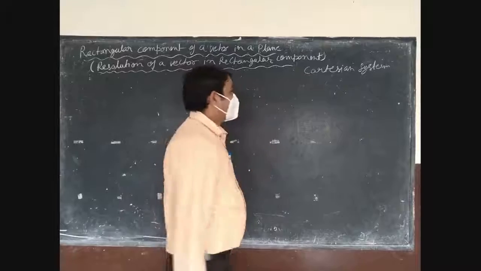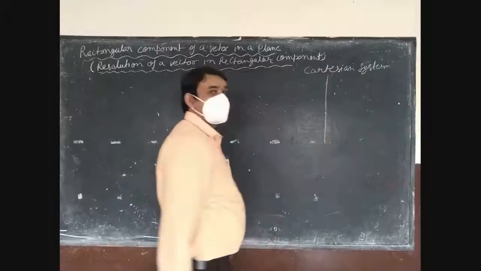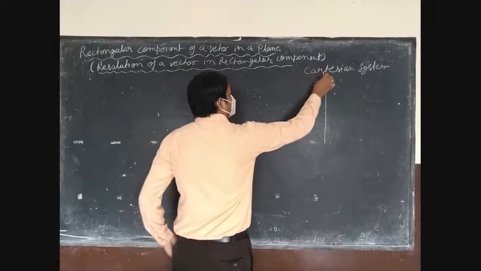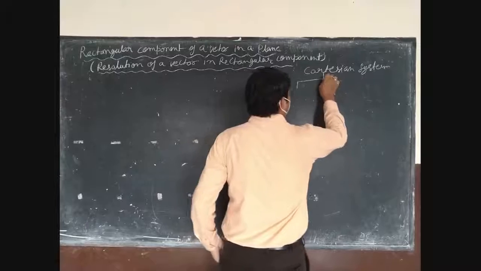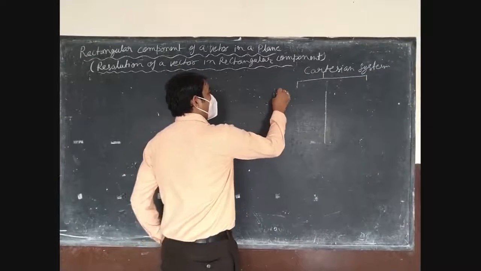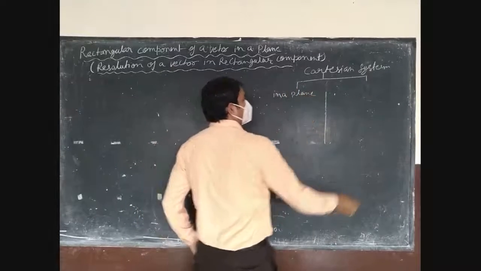In the Cartesian system, we have two types: one is in a plane, and the other is in a space.